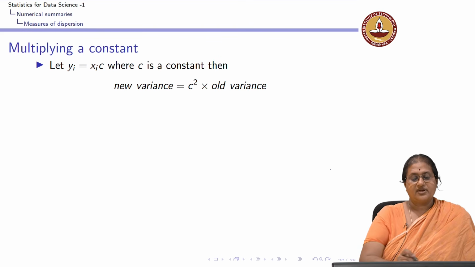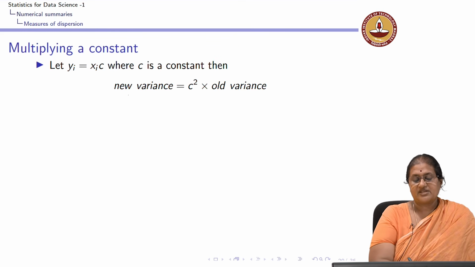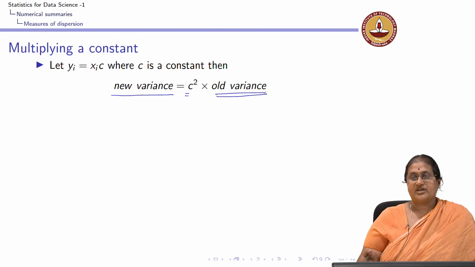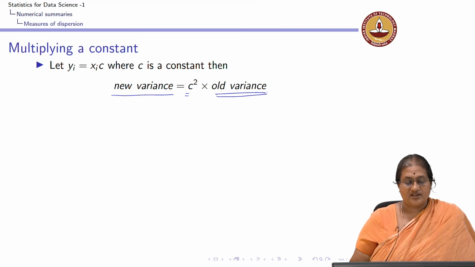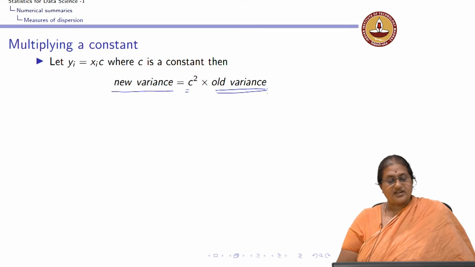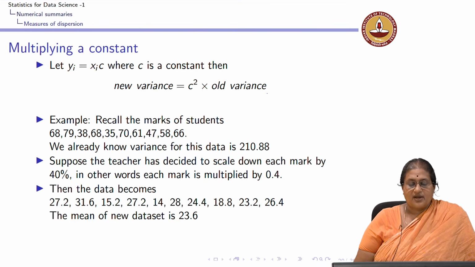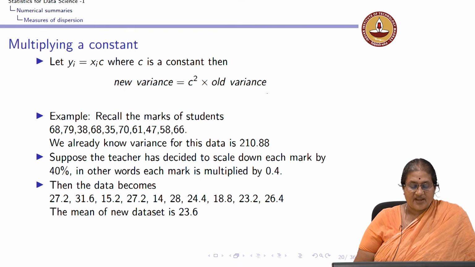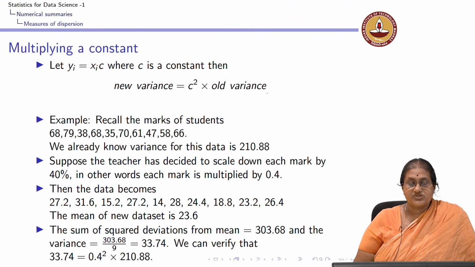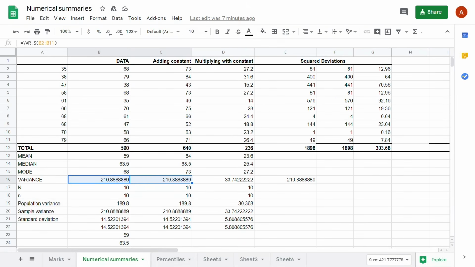So, we have the following: if yi is xi times c, the new variance is c square times the old variance. We have just established that relation. We can verify that using our data set. I already know the variance for the data set is 210.88. I multiply the data with 0.4. I know this is my data set. The mean of this new data set is 23.6, and I can compute that the variance, which is 33.74, is 0.4 square times 210.88.